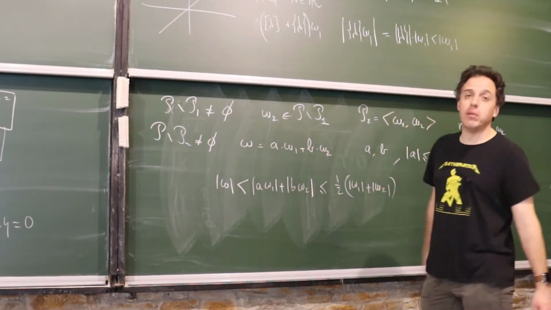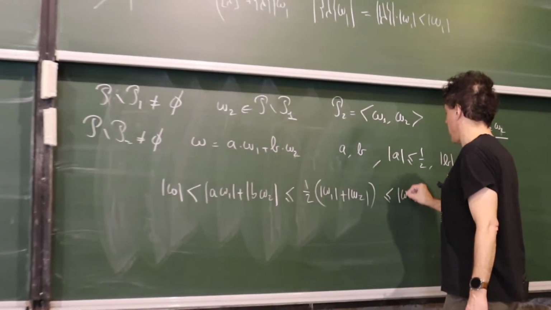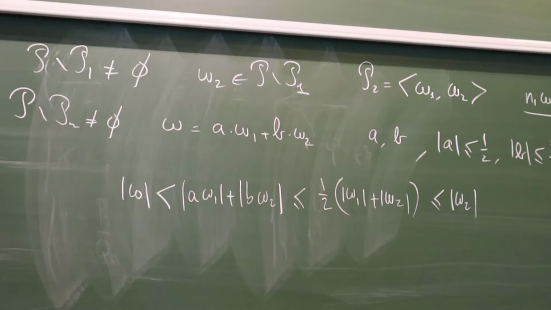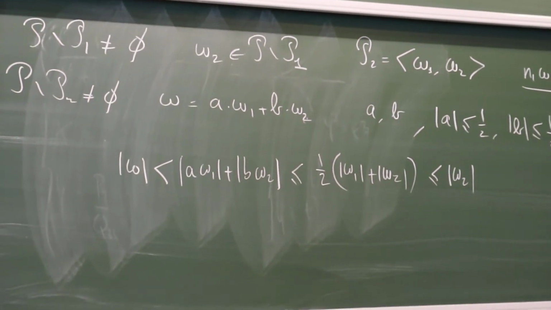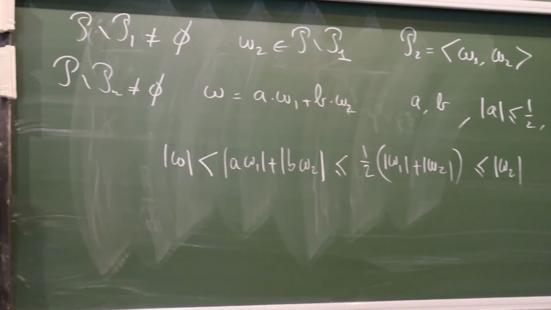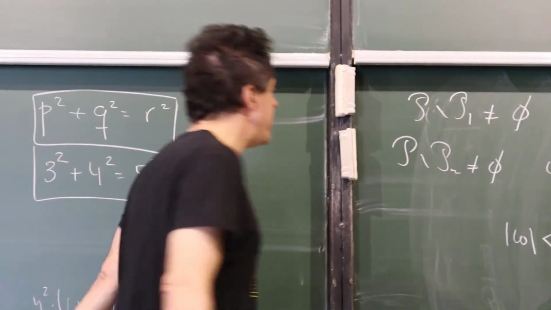And omega 2 in modulus is bigger than omega 1, so omega would be in modulus strictly smaller than omega 2. This is a contradiction, as we have chosen omega 2 as the element with minimum possible modulus. So this case is not possible.